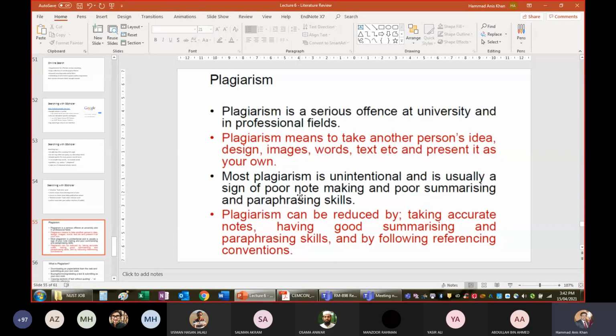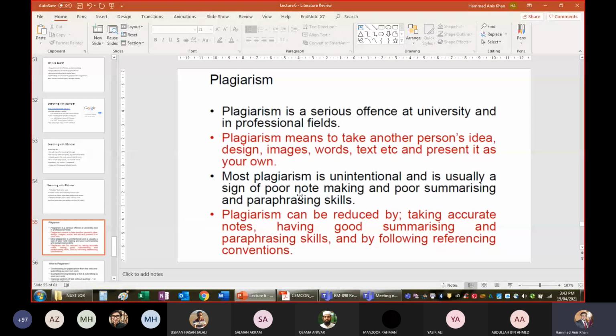Generally, plagiarism happens unintentionally. When people are writing, they are not very good at summarizing some other person's work. So generally, plagiarism happens in your literature survey chapter, where you are describing other people's work, and when you are summarizing or paraphrasing, sometimes you are unable to summarize it properly, and this leads to plagiarism.